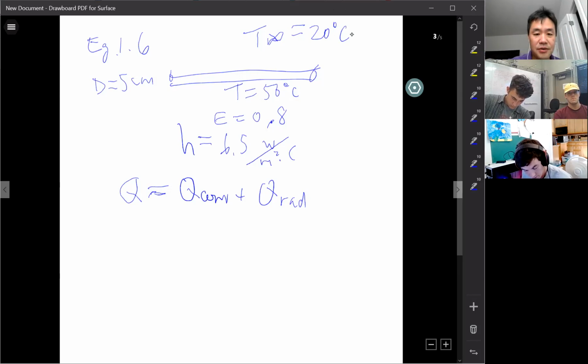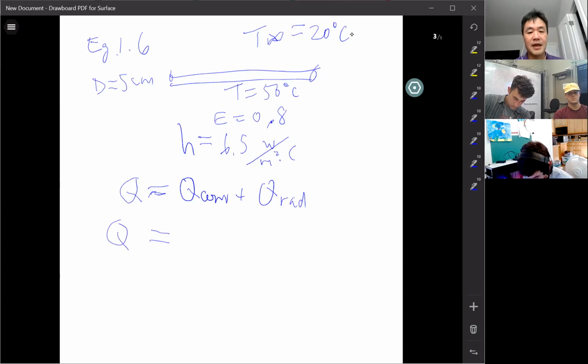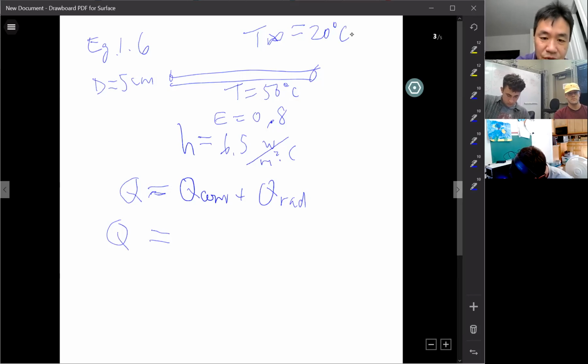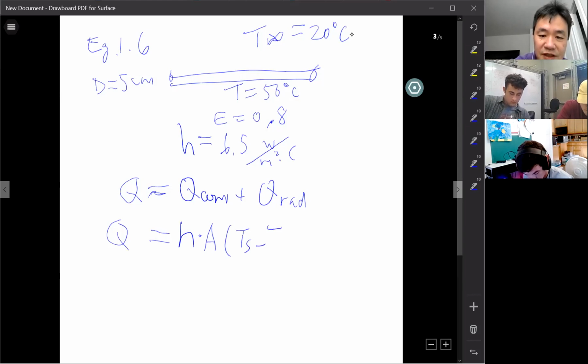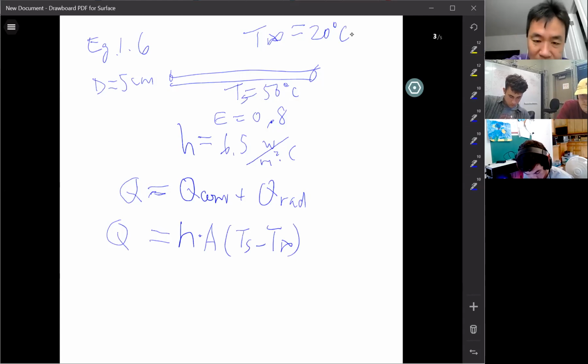Okay, so this is the total conduction, convection. Let's see if we can expand these two terms on the right-hand side of the equation. Convection, I think, is kind of easy. H times the area times T surface minus T infinity. T surface, I put the S here. Okay, right? No problem.